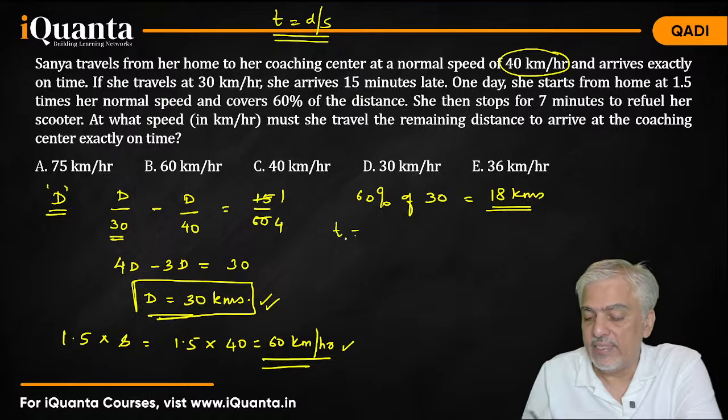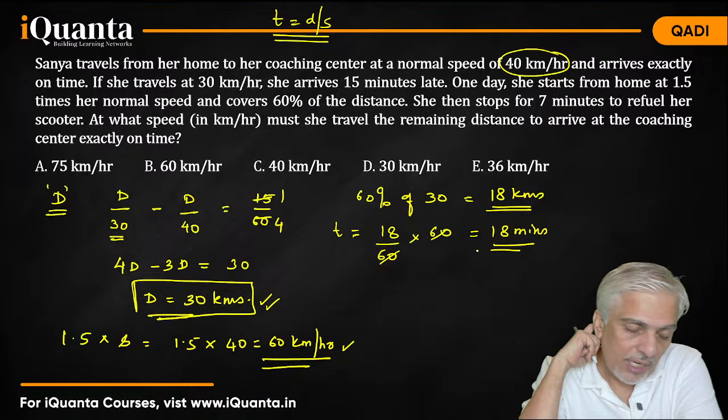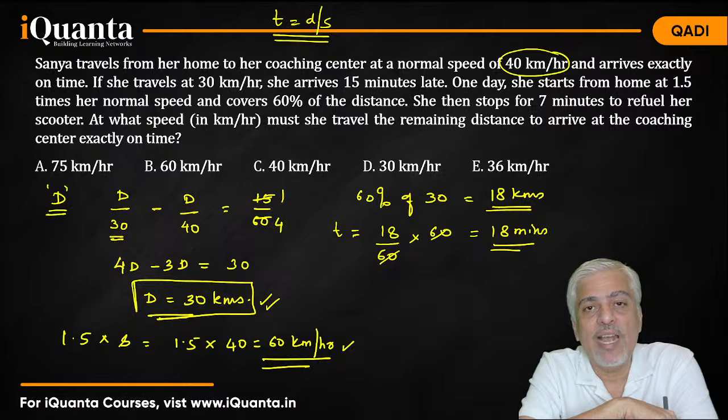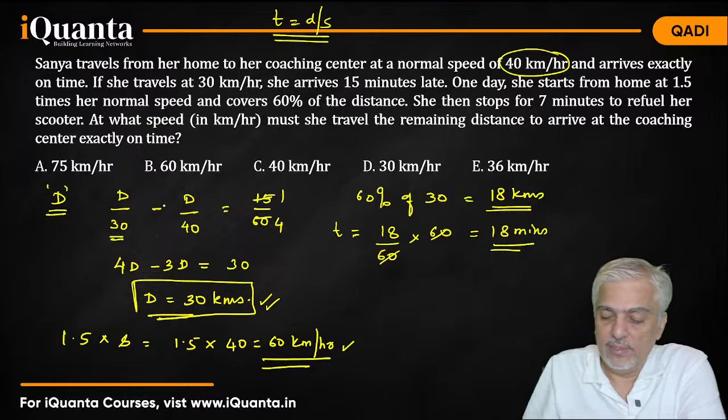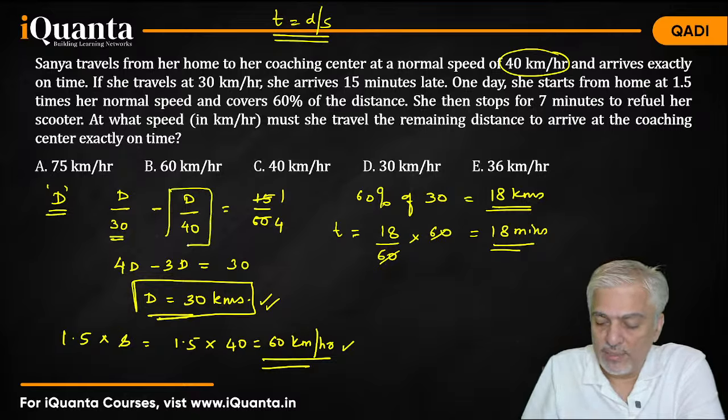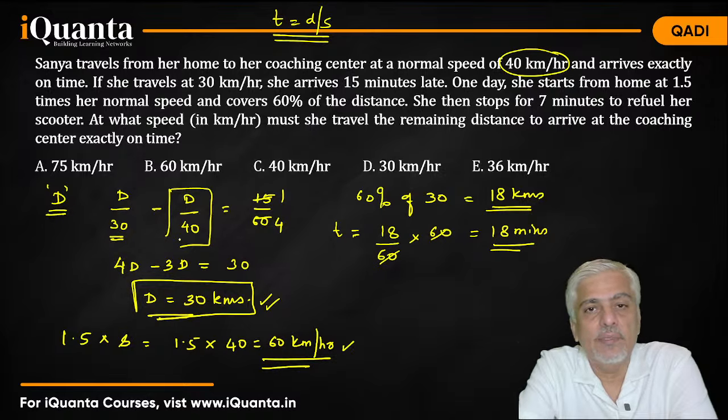Time taken is distance upon speed. So, 18 upon 60, but this will be in hours. Multiply by 60, 18 minutes. So, she has already utilized 18 minutes. Now, what was the actual time she has normally? This d upon 40, right? If you look, normally she travels at 40 and that is the on time.